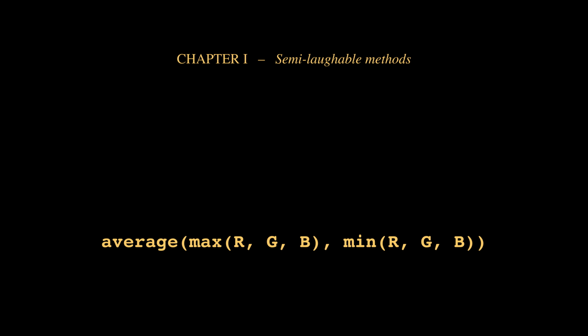Another way to go between maximum and minimum is, and hold on to your socks because this is gonna get unnecessarily complicated and not less brain dead. You take the maximum and the minimum and then you average it.